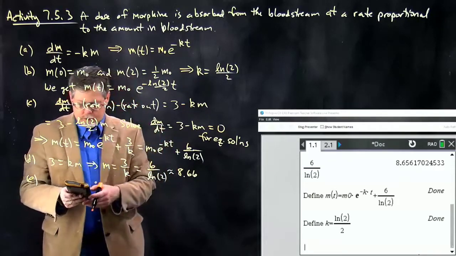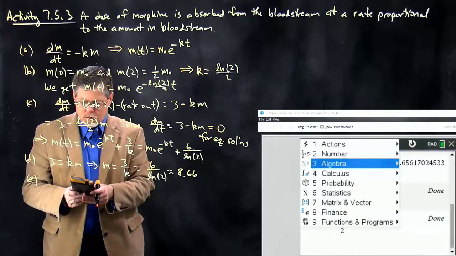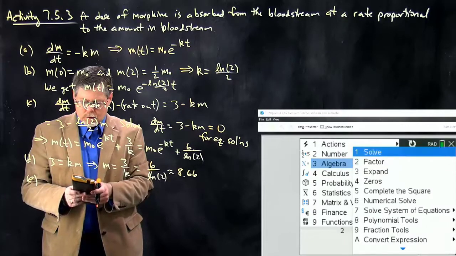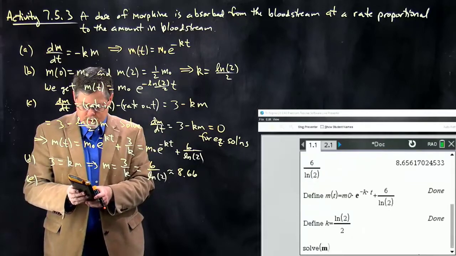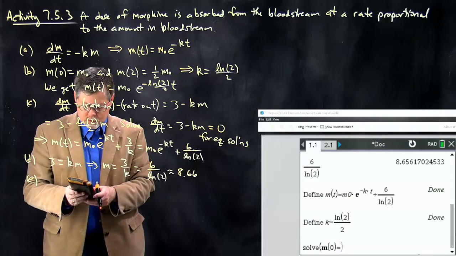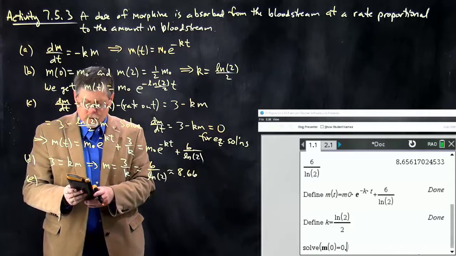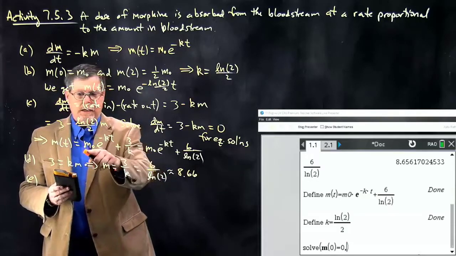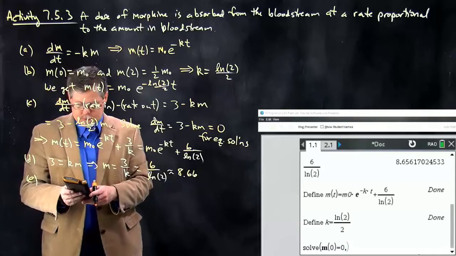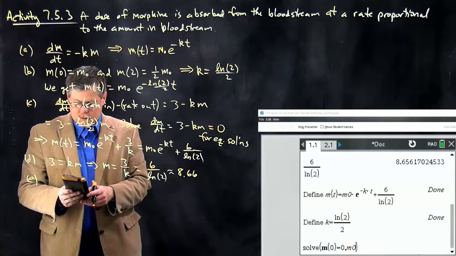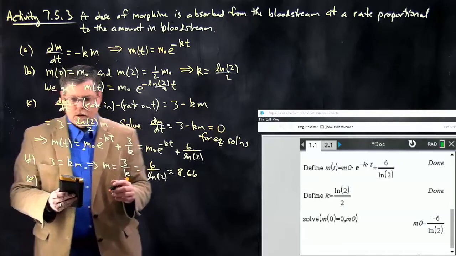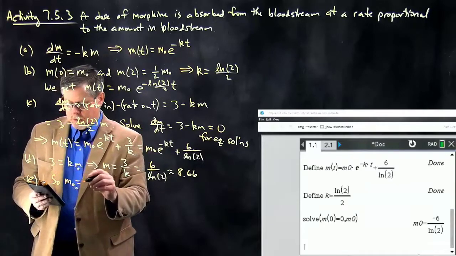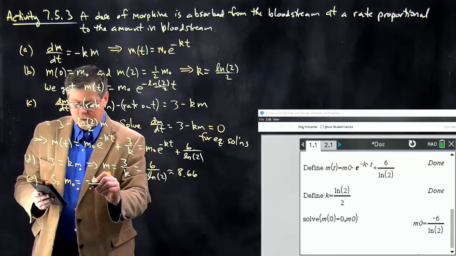So let's solve M of 0 equals 0 for the only thing we don't have at this stage in this expression. We know K, so we need M sub 0. So I'm going to say M0. Okay. And so M0 turns out to be minus 6 over log 2.